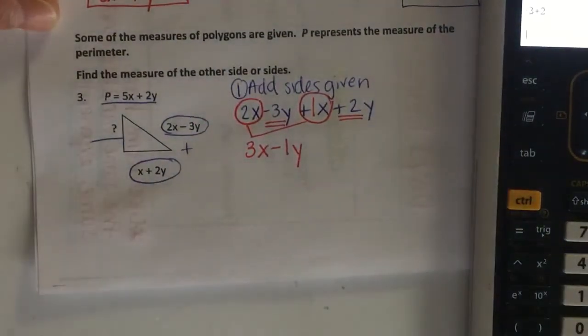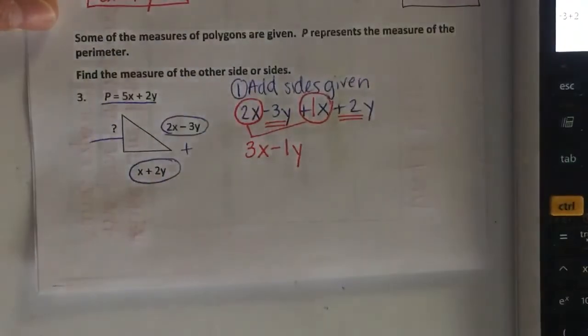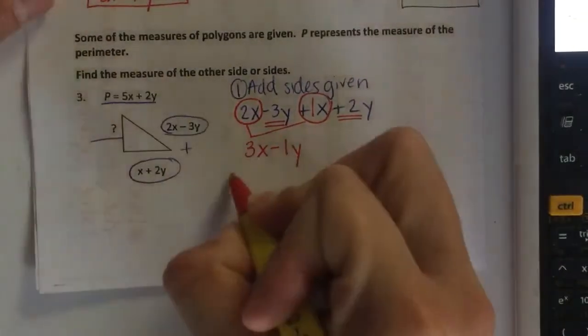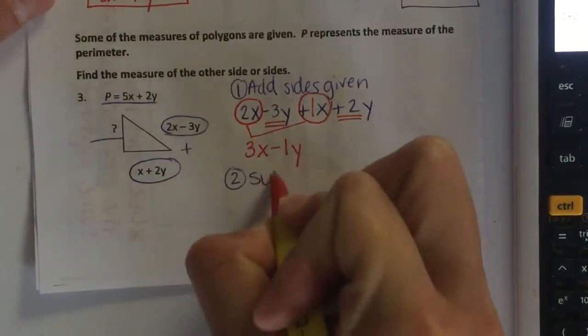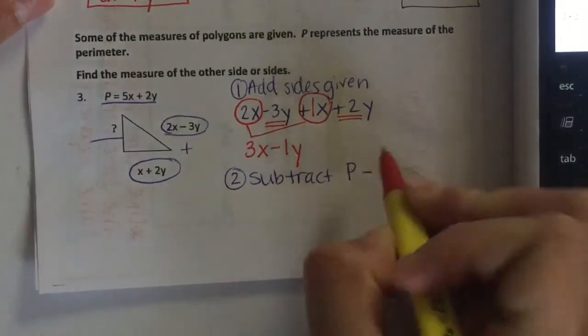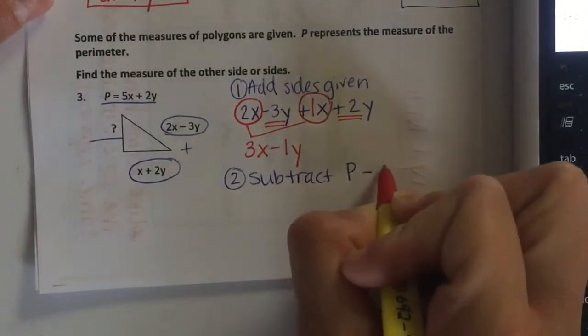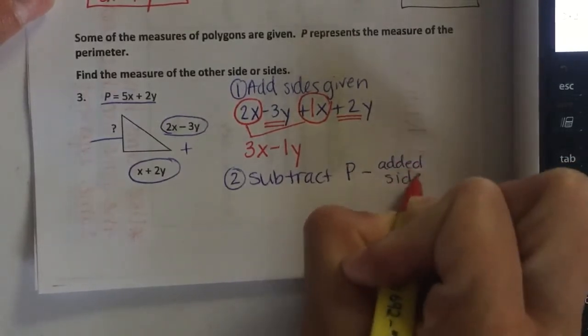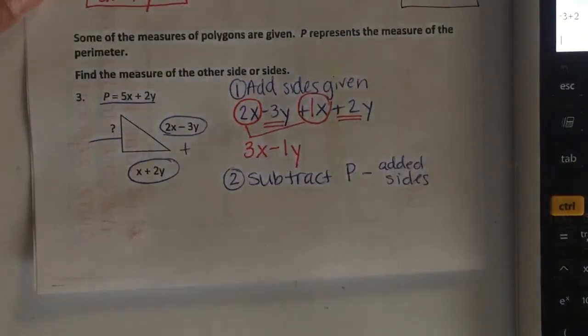You're not done here. So what you need to do next is the second step, which is to subtract perimeter minus added sides. And it needs to go in that order or else you get the opposite.